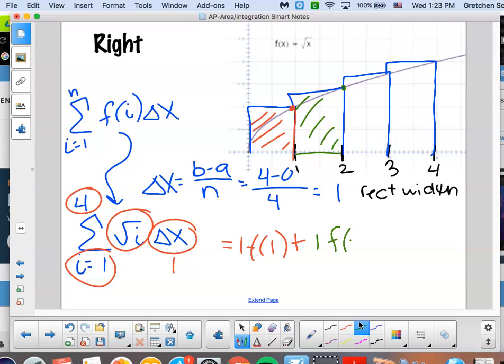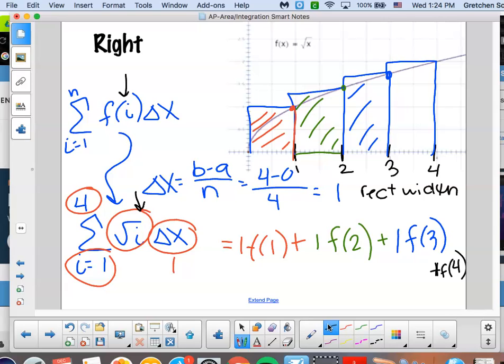So it's f of 2, plus our next rectangle. What is the base of it? 1. What number is bounding the height? 3. So it's f of 3. Last one, 1 times f of 4. I'm writing it out in function notation just so you can see that's all that part of the sum means.